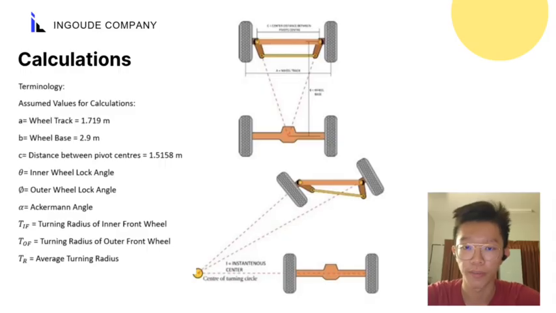And now I'll be talking about the basic calculations involved in our subsystem, which is the steering unit. For our subsystem, the calculations will be for the Ackermann angle. The first step is you have to assume some parameters as well as values for our calculations, as shown in the terminology.